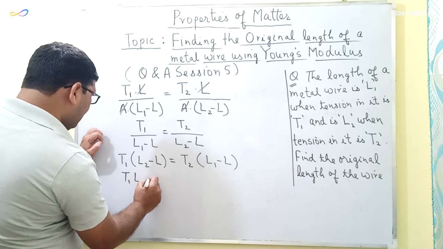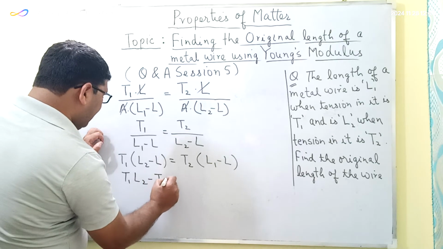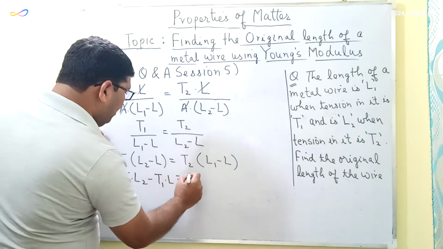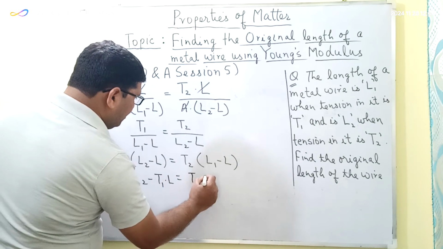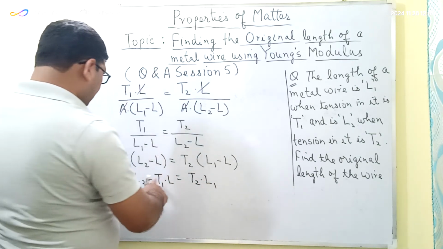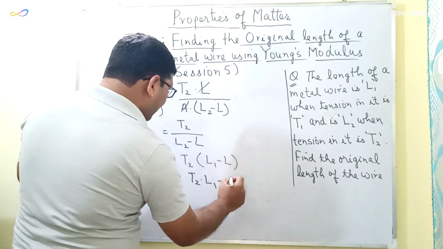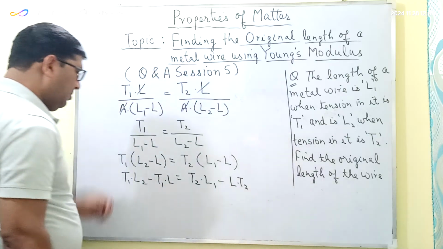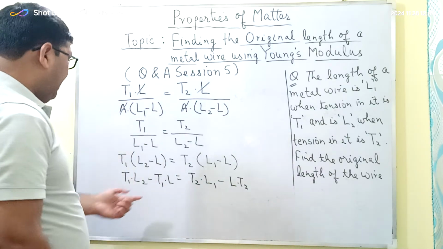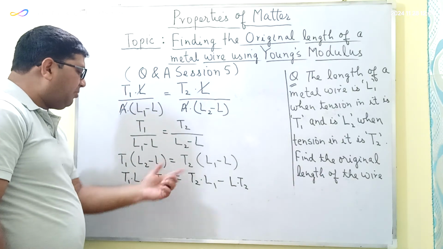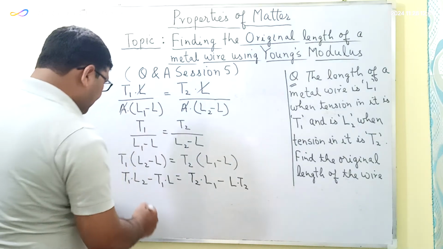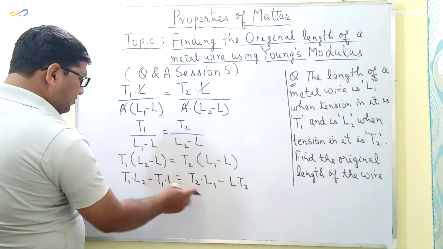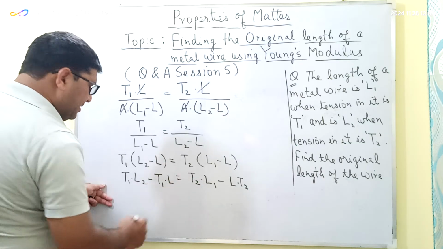So T1 L2 minus T1 into L is equal to T2 L1 minus L T2. I will be taking the terms containing L on one side of the equation, and the other terms will be taken on the other side of the equation.